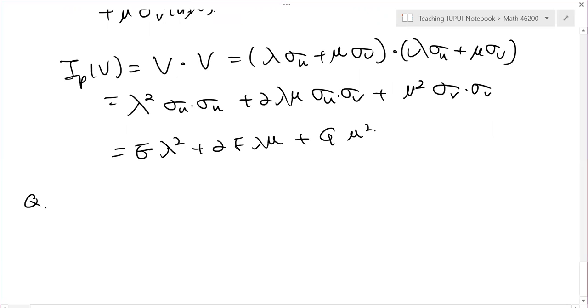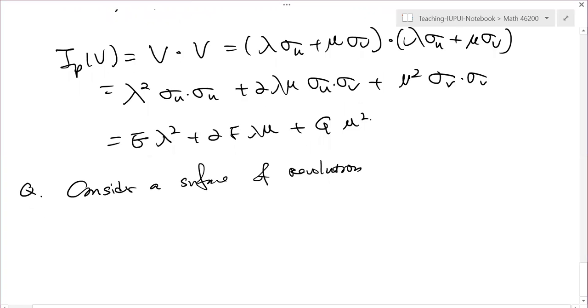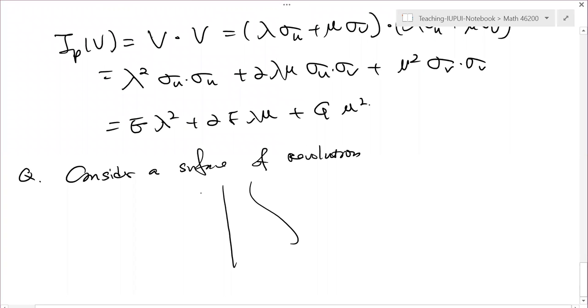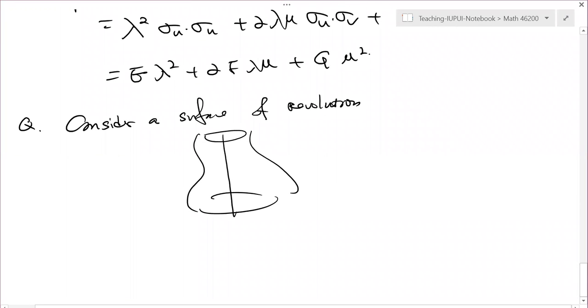Oh, by the way, there were some other notations. I can talk about this a little later. Okay. So here, consider a surface of revolution in space.